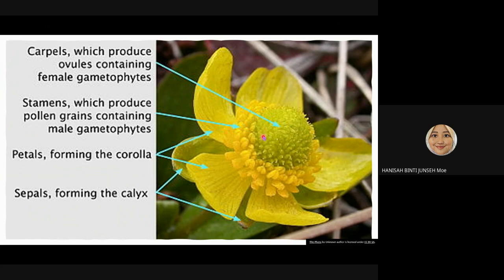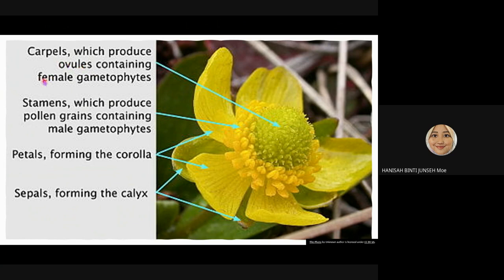Here you can see this is the petal, of course, the bright yellow color, and the carpel. Carpel is again a female structure. It has stigma, style, and ovary, and that ovary contains ovules.